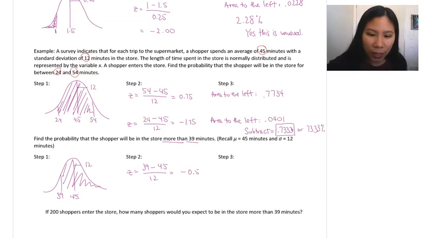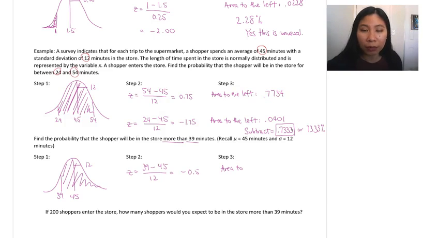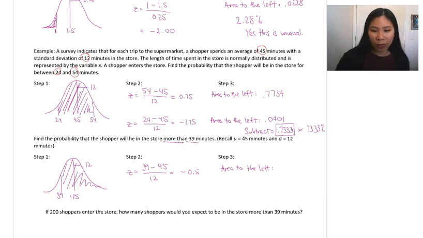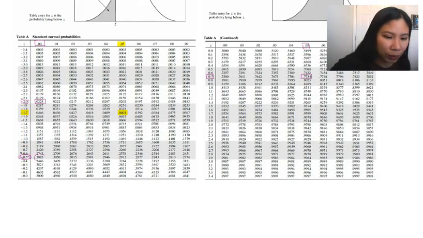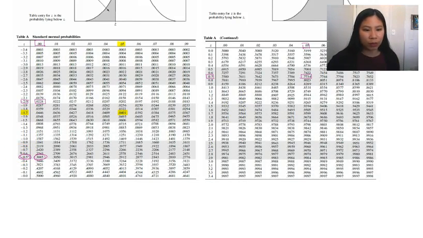Okay, so when I look up the z-score of negative 0.5 in the table, remember it always gives you the area to the left. But here we're looking for the area to the right, so we're going to have to do one extra step at the end. So let me find that area to the left first. On the negative side, negative 0.5, and that's the only decimal place, so it'll be the 0.3085 because the second decimal place is technically a 0.